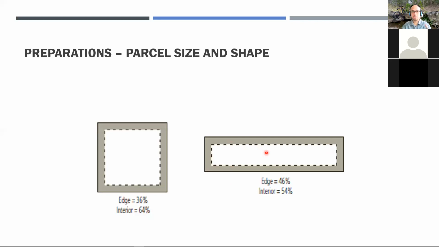It's just that because they're shaped differently, on the linear or elongated parcel, you have a 46% edge area and a 54% interior area, whereas on the more compact or square site, you only have an edge area of 36% compared to a 64% interior area.